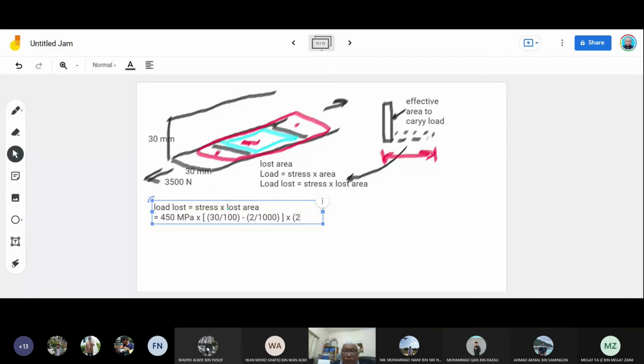Right? 2 over 1,000. So this is meter. This is meter. And then you get the load. Okay, meter and meter will cancel.